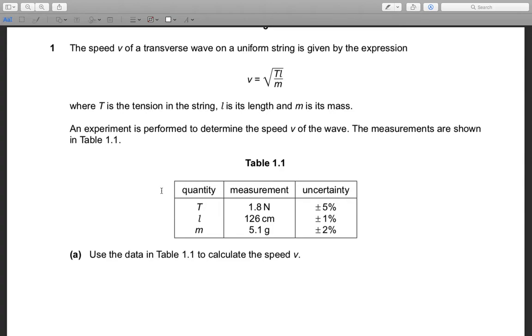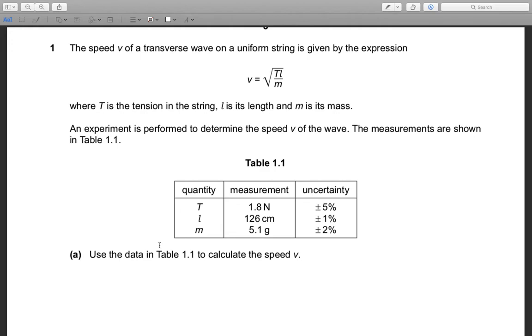The measurements are shown in table 1.1. Quantities T, L, and M. T is 1.8 newtons with uncertainty around 5%, L is 126 centimeters with uncertainty plus or minus 1%, and mass is 1.5 grams with 32% uncertainty.